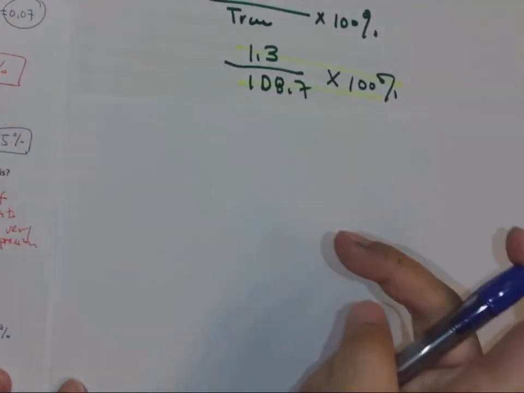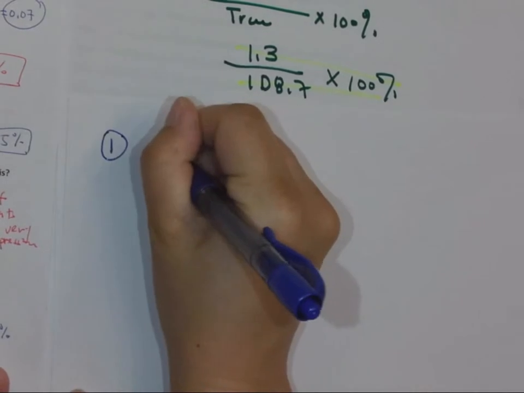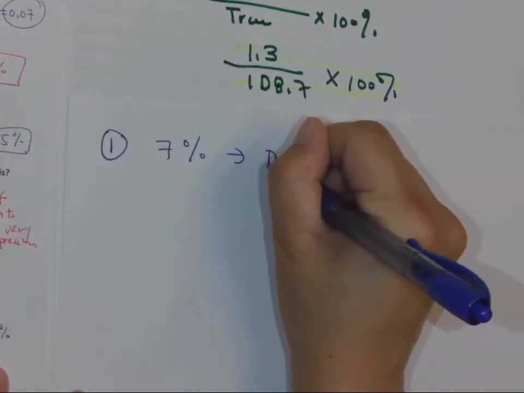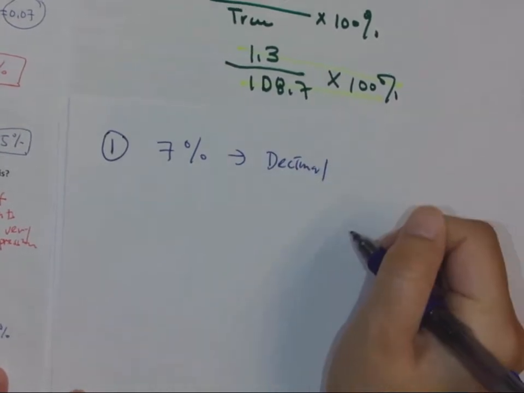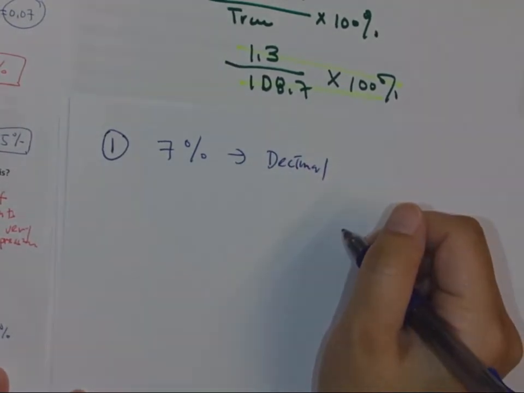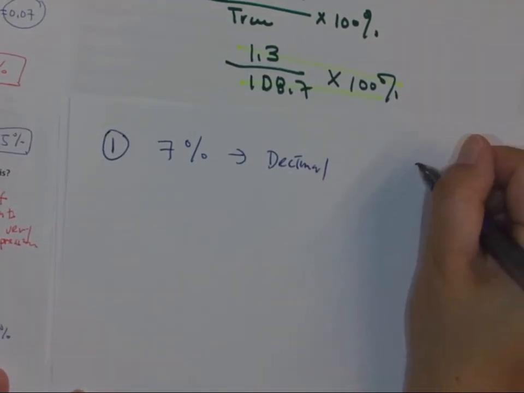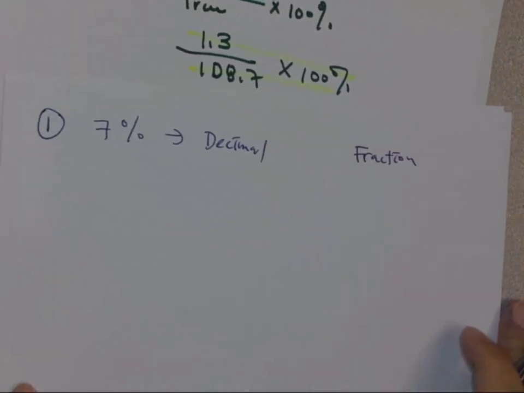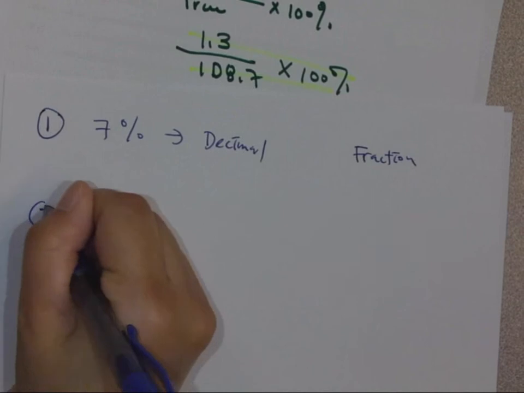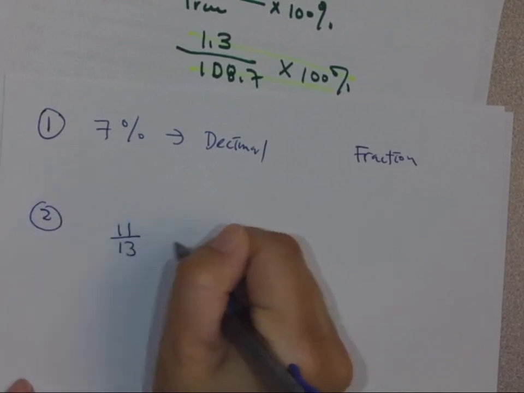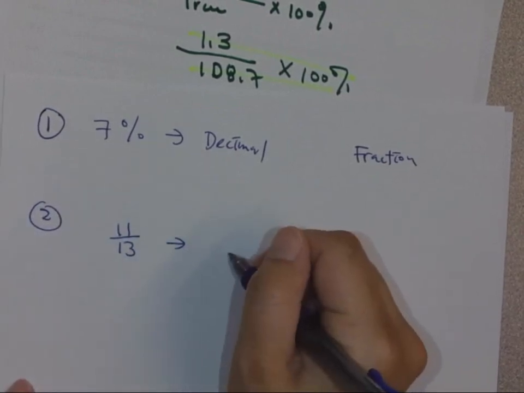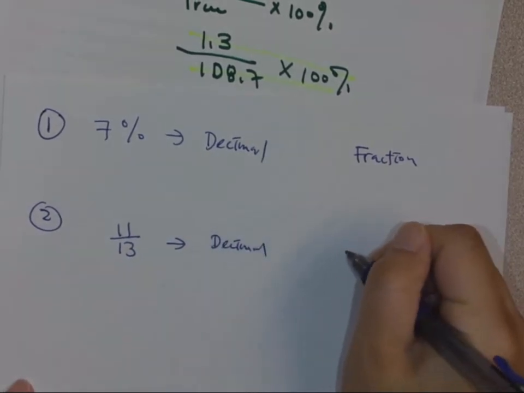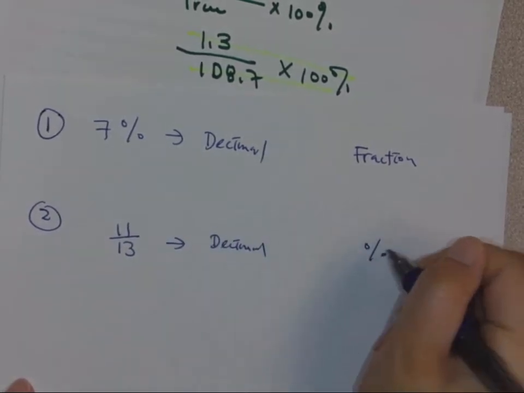Okay, number 1. I want to change 7% to decimal and also fractions. Number 2, I want to change 11/13 to decimal and also percentage.